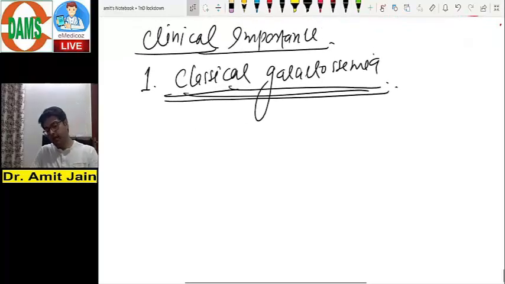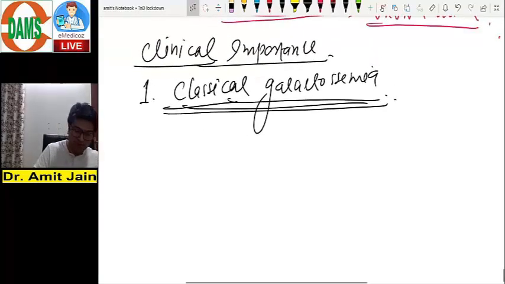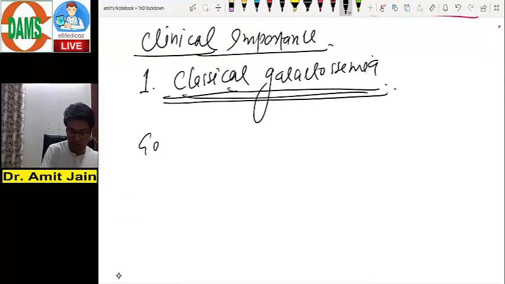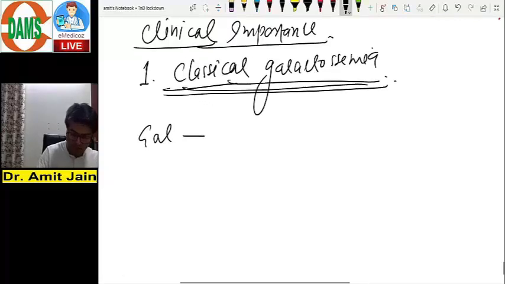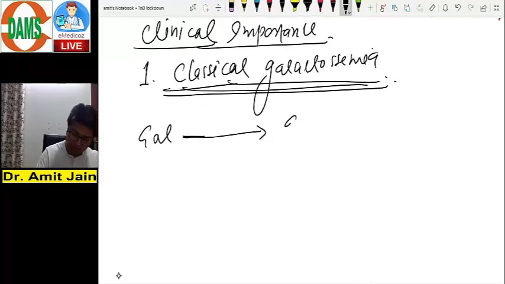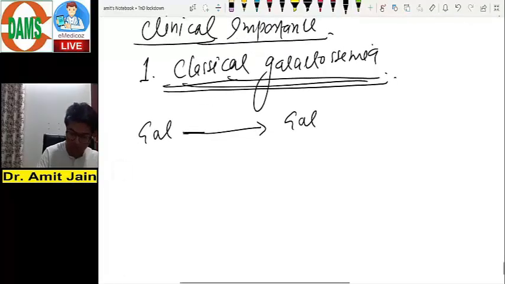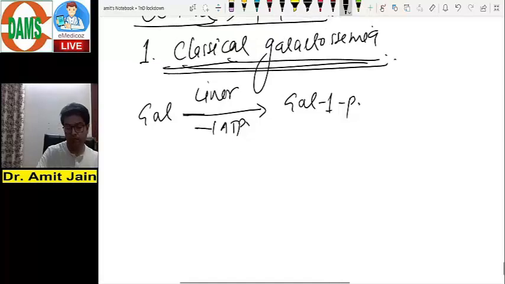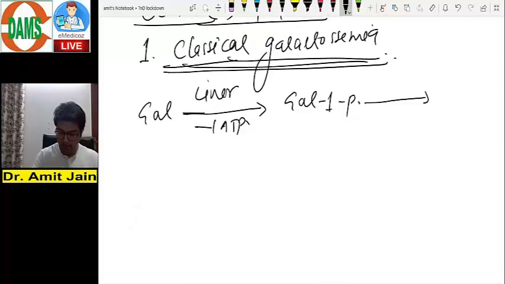The word classical is used for some classical features. What happens here is that the galactose is converted to galactose 1-phosphate. This happens in the liver and 1 ATP is used. And the rest of the pathway is missing.